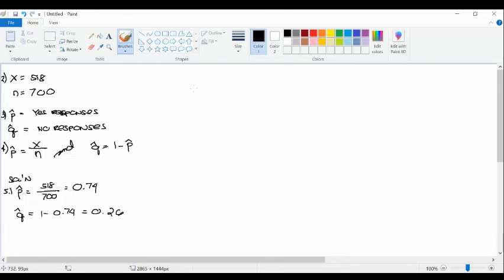So your conclusion or the answer to the question that is raised in the problem: the proportion of yes responses is 0.74. So this means 74% responded yes, and the proportion of no responses is 0.26.